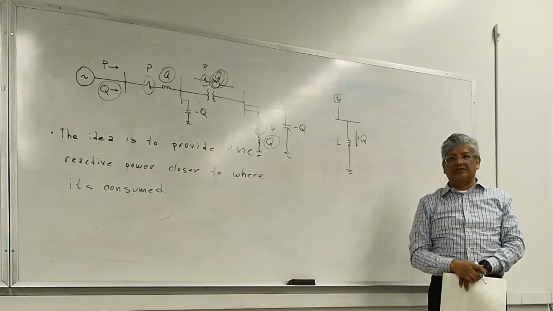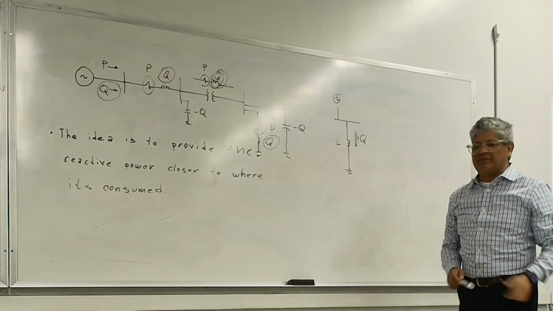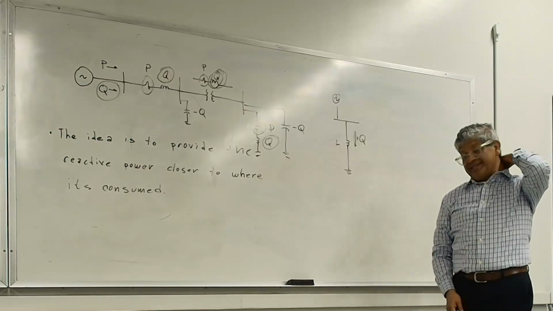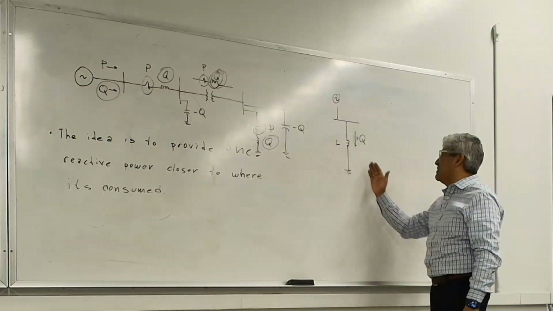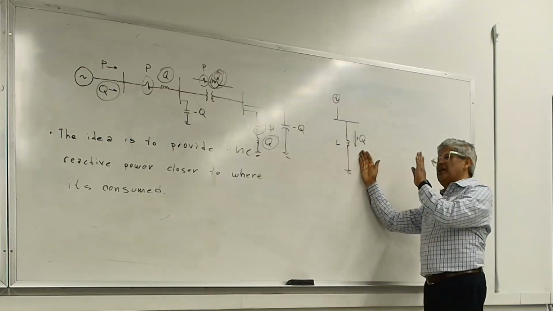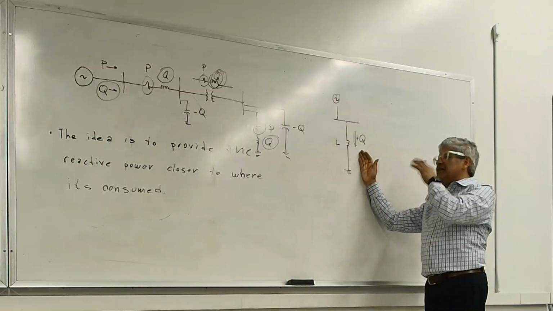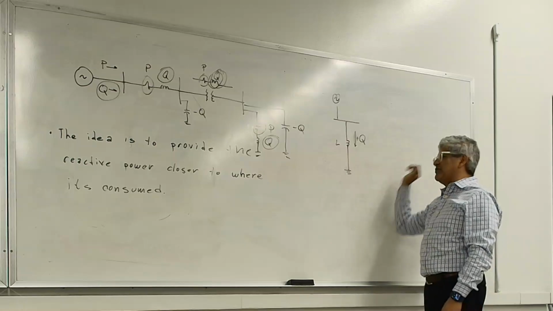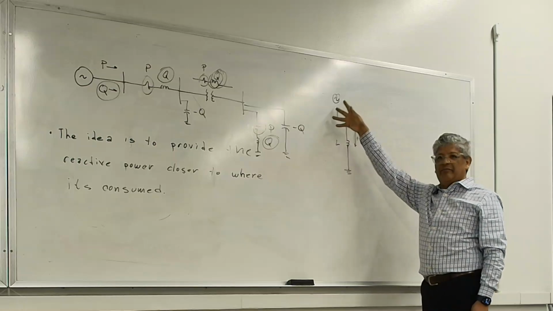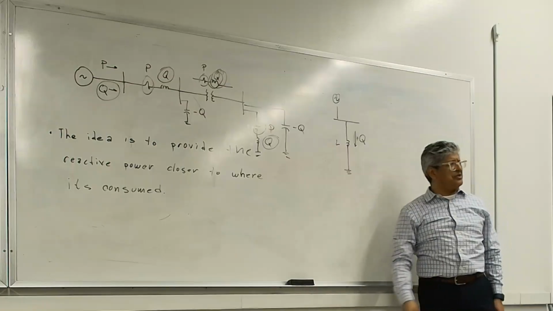L is a sink of vars. And remember I said that I'm going to contradict myself at some point. Now I'm going to contradict myself. Remember that when we were talking about instantaneous power, I said Q, forget about the capacitor for now, Q is taking and giving it back, taking and giving it back. So why do you say it's consumed?